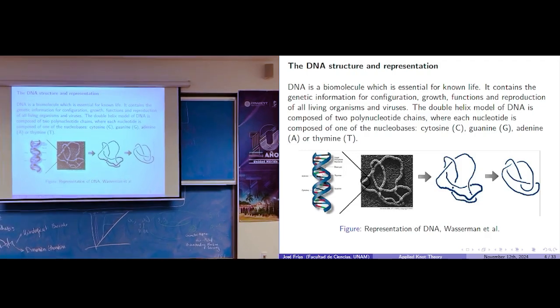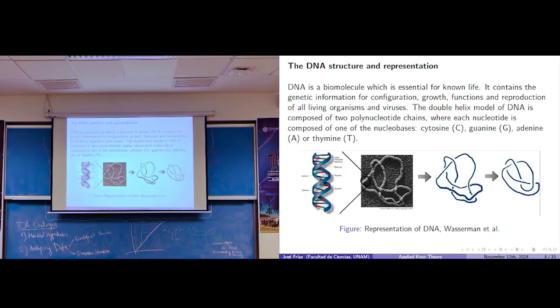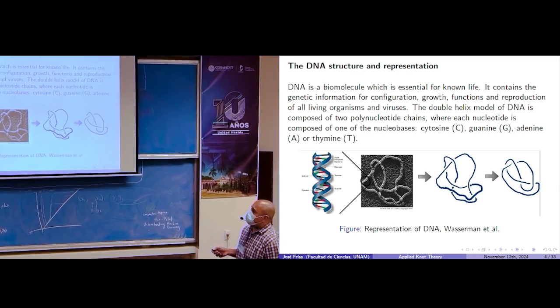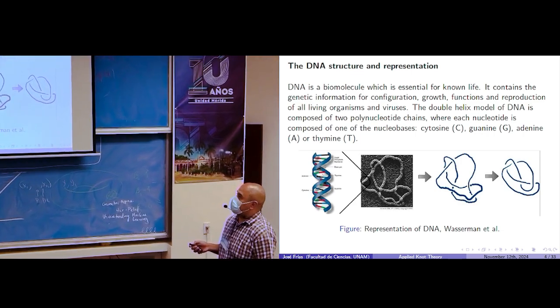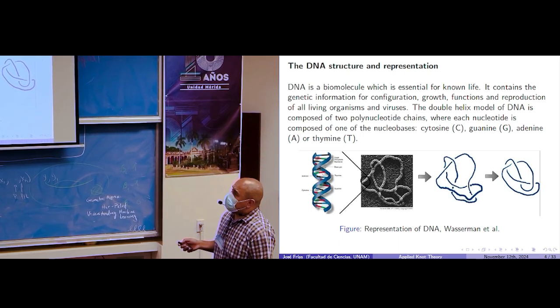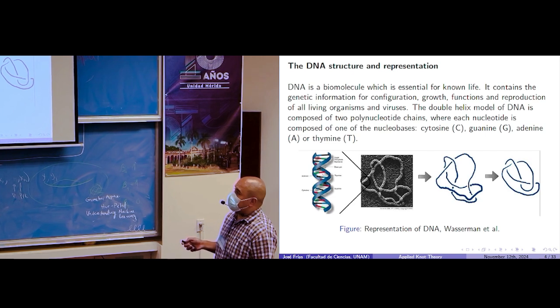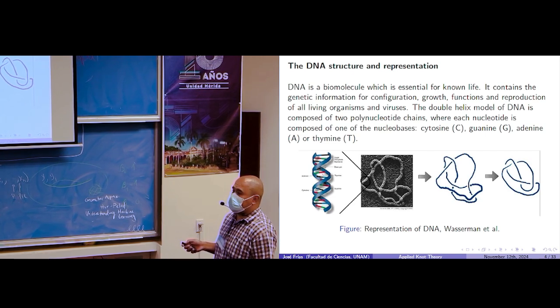Well, I don't have to say what the importance of DNA is. We know that it probably is the most important biomolecule for life, as we know life. And this is the image we have in mind when we hear the word DNA, right? So this was the first time we got an image of knotted DNA.